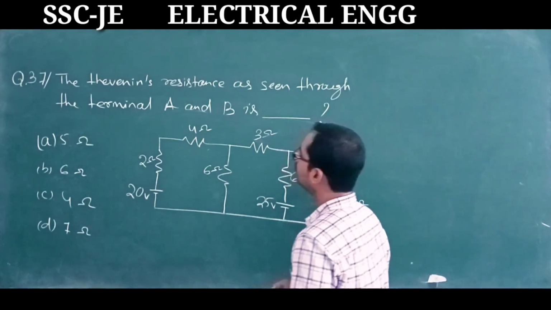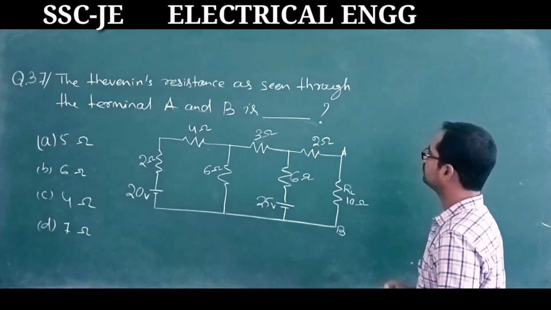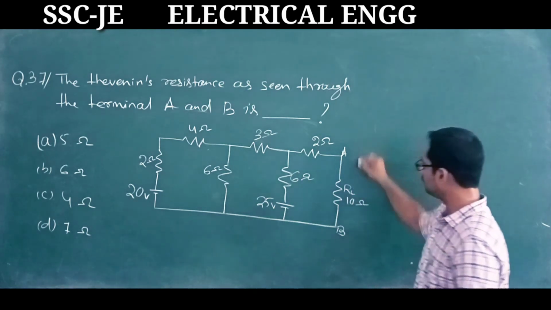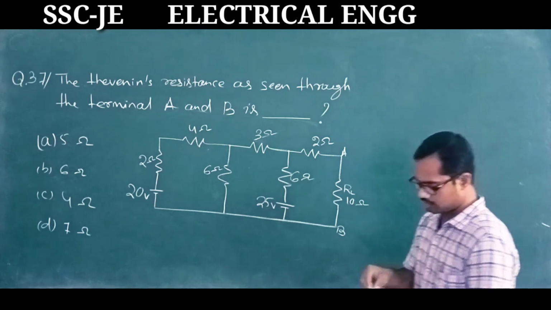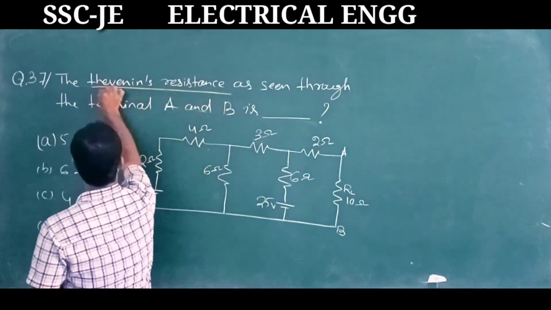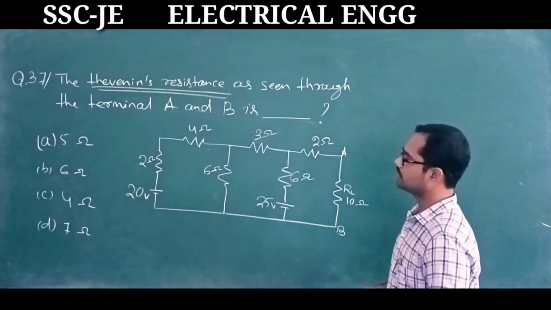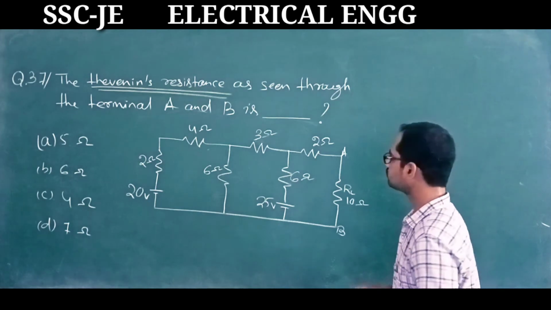Question number 37. The Thevenin resistance as seen through the terminals A and B. So these are the terminals A and B. It is asked to find out the Thevenin resistance through A and B, and the options are 5 ohm, 6 ohm, 4 ohm and 7 ohm.